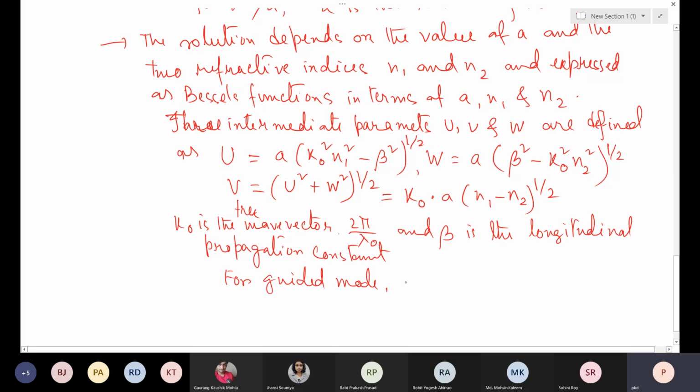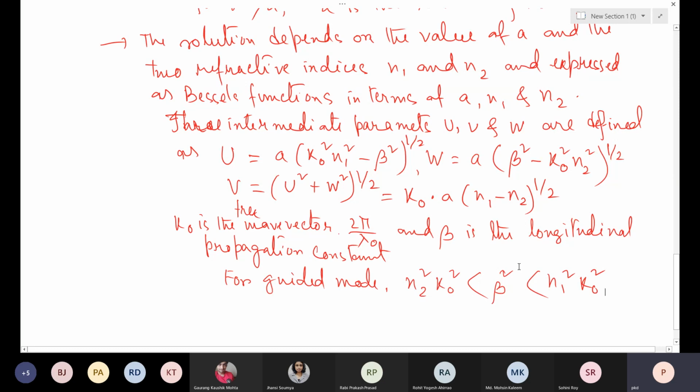So for that, the condition is that n2 square k0 square is less than beta square, which is less than n1 square k0 square. And as such, it tells that n1 is greater than n2.